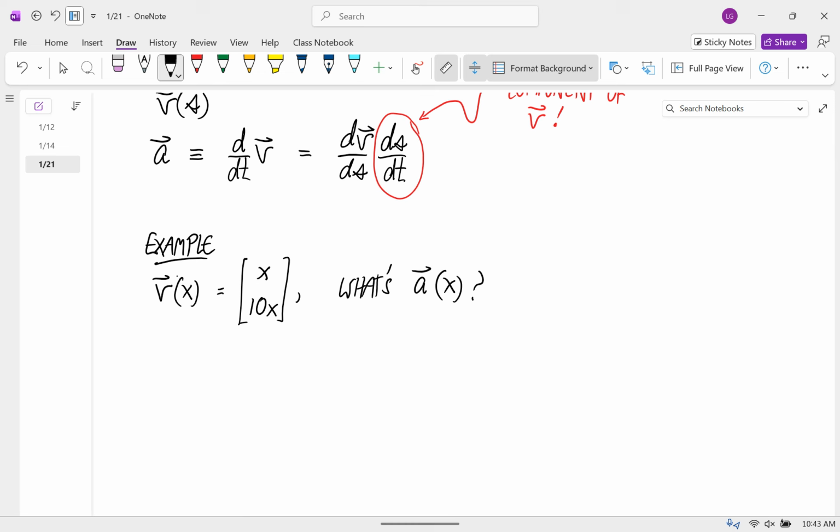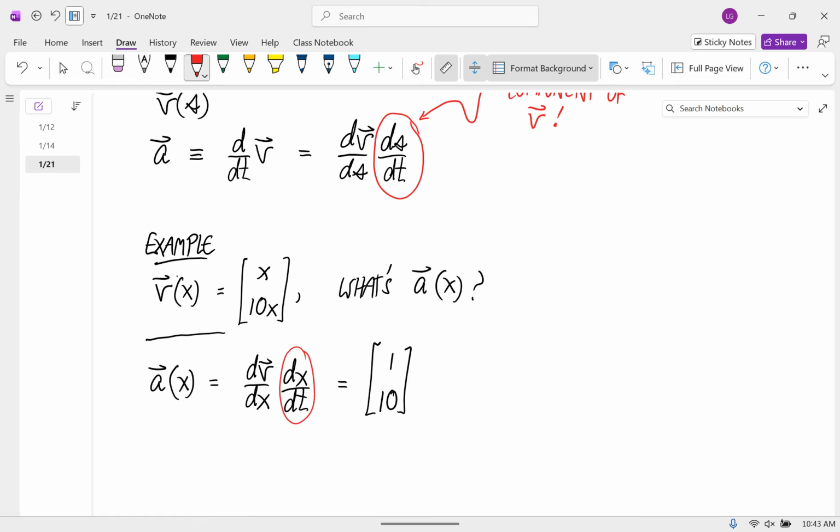So we have to use the chain rule here. So the acceleration is dv/dx times dx/dt. dv/dx is ⟨1, 10⟩. dx/dt is the x component of the velocity.